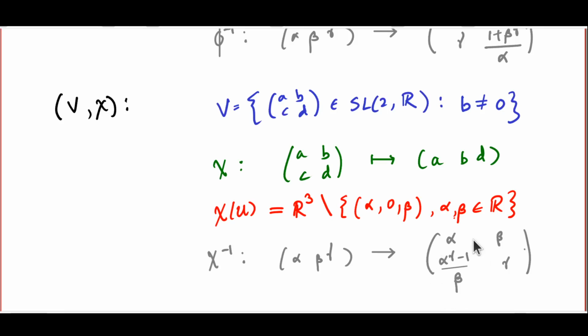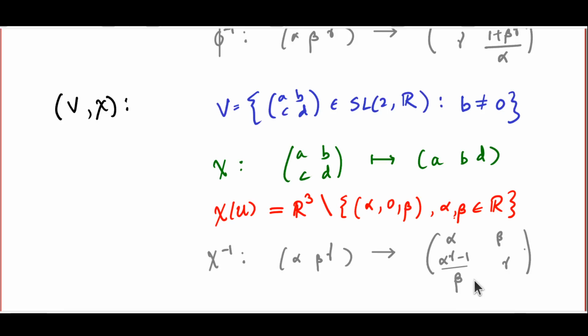And the so-called C element, this one, will have to be figured out using the fact that the determinant of the matrix is 1, and that immediately gives you alpha gamma minus 1 by beta as this element. Once again, since the middle element of the triplet cannot be 0 here, beta is not 0, so this is a perfectly legitimate calculation to do.